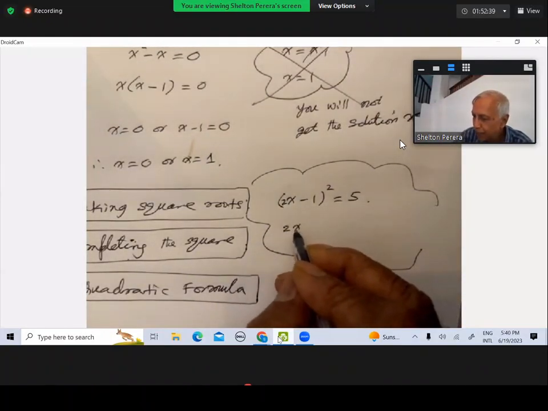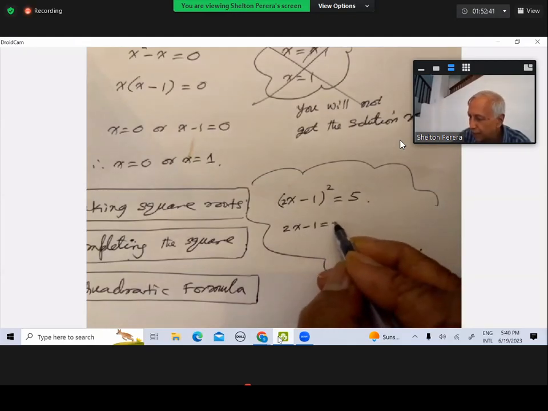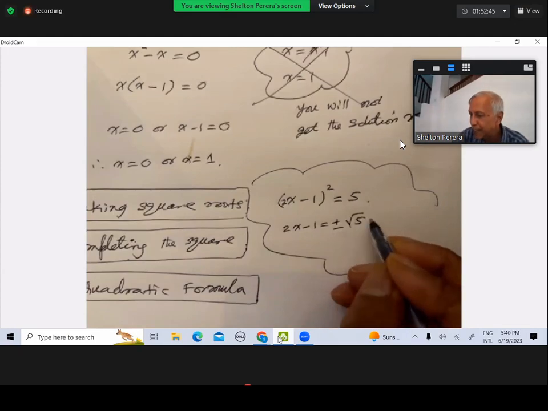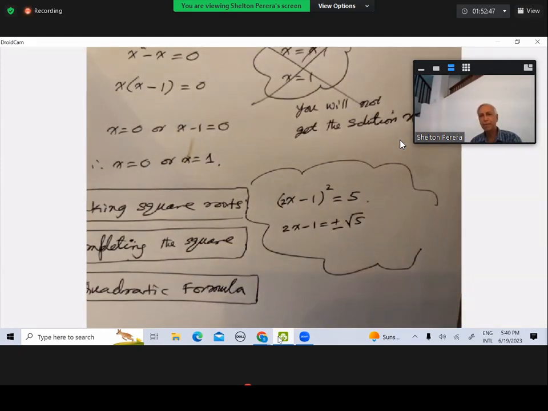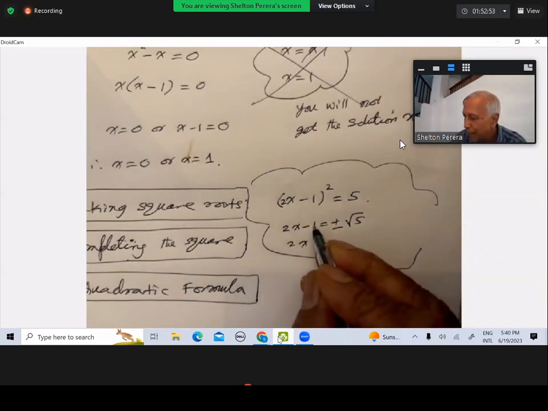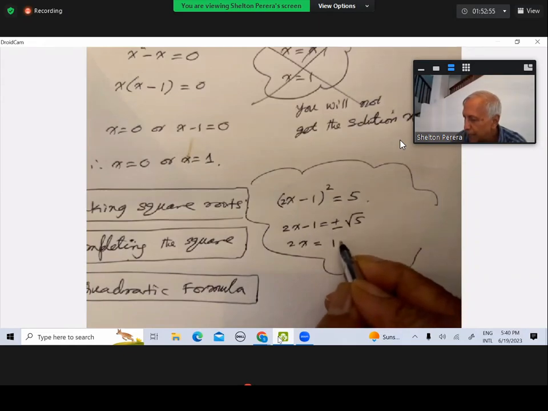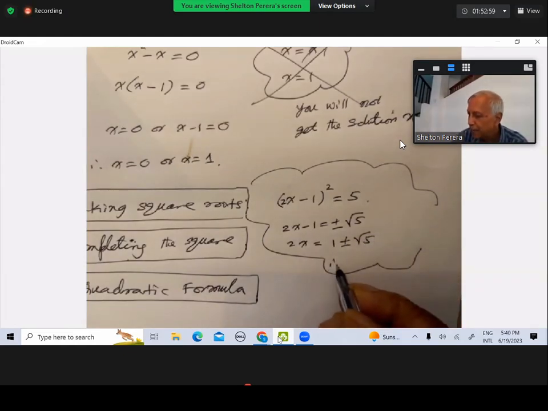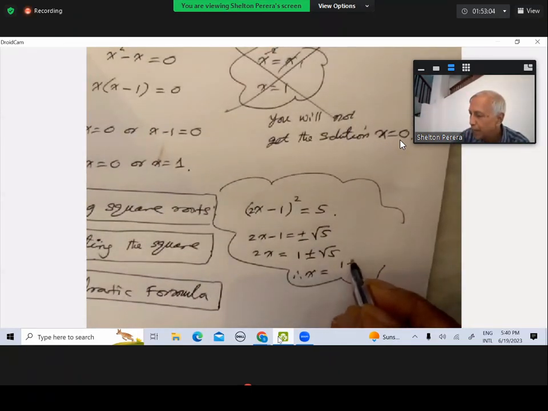Therefore, 2x minus 1 is equal to plus or minus the square root of the other side, square root 5. Therefore, 2x equals minus 1 taken to the other side, plus 1 plus or minus square root 5. Therefore, x is equal to 1 plus or minus square root 5, divided by 2.